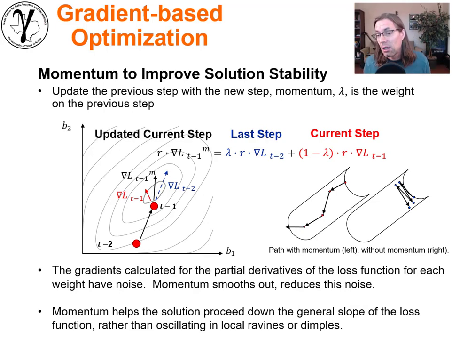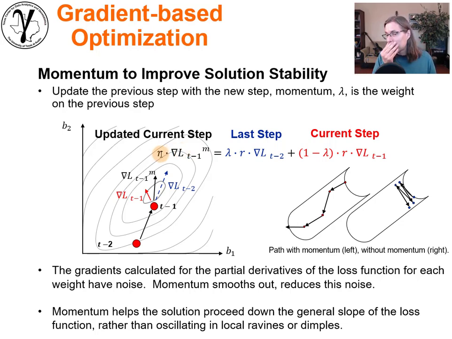What's another methodology by which we can improve the stability of our solution? One methodology is the concept of momentum. If you think about momentum, you imagine a marble going down a complicated surface. That's exactly what we're trying to capture here. We have a momentum coefficient shown as lambda here, and it is the weight that we put on the previous step to infer the next step. How does that look? The equation is shown right here.